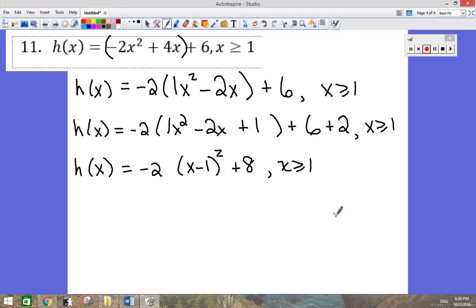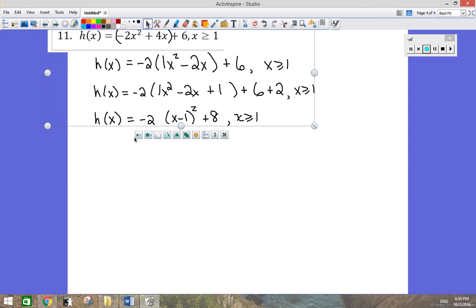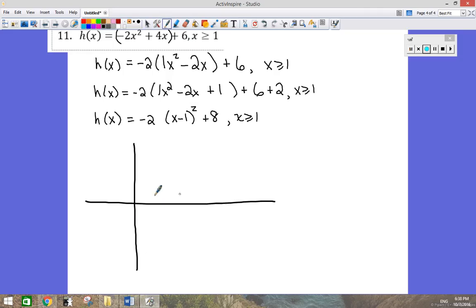So let's think about what this graph looks like. The parent function is x squared. The minus 1 is actually a shift to the right 1 unit.